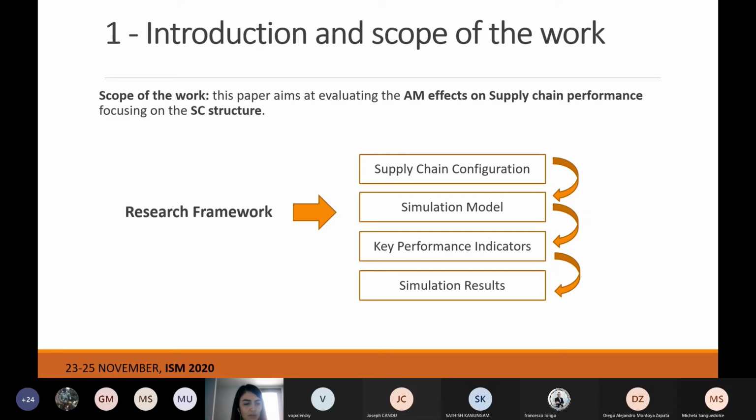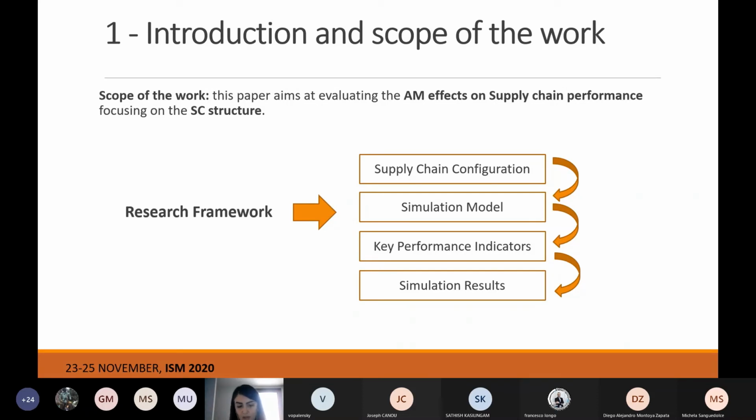In particular, both traditional and additive manufacturing have been studied and modeled in order to compare them.